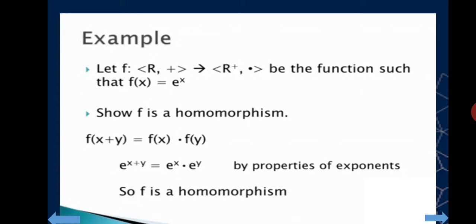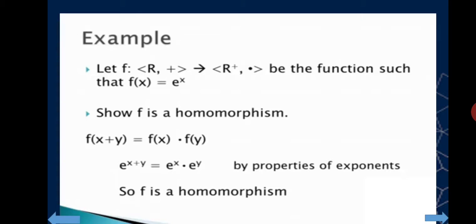Let's have an example. Let f be the function from the real numbers under addition to the positive real numbers under multiplication such that f of x is equal to e to the x. And our goal is to show that f is a homomorphism.